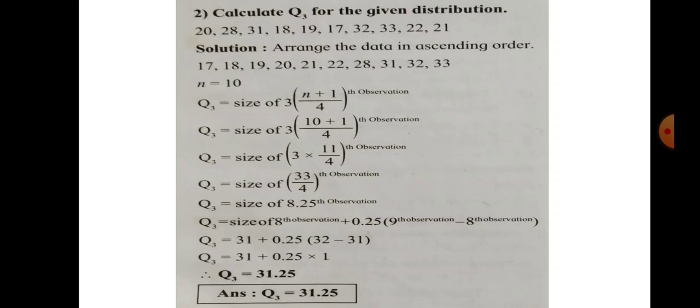Q3 is equal to size of 8th observation plus 0.25, you have to take 0.25, into bracket 9th observation minus 8th observation bracket close. This formula you have to apply here. In the next step, Q3 is equal to 8th observation, which means 31, plus 0.25 into bracket.